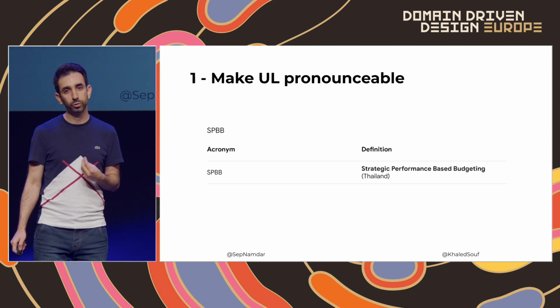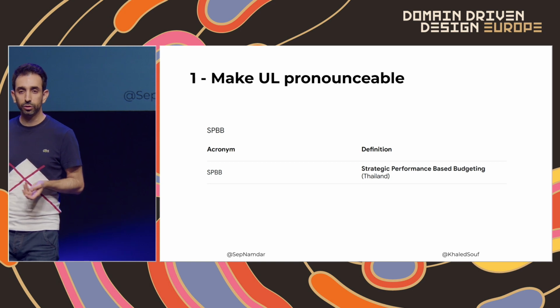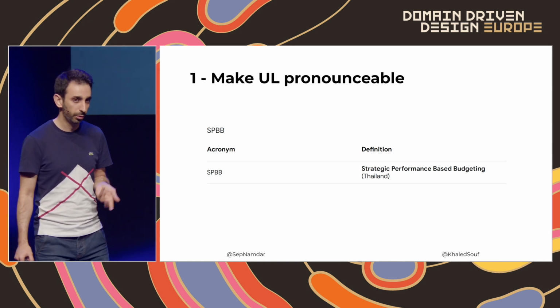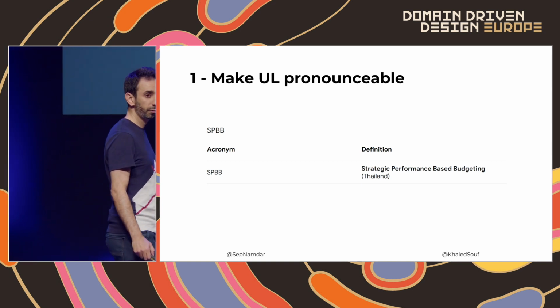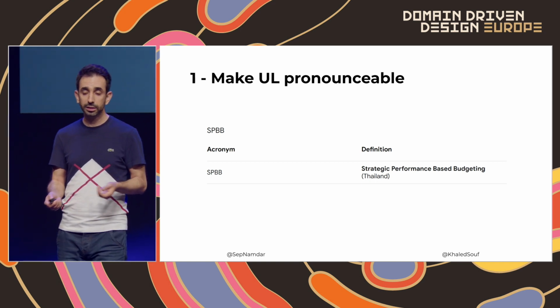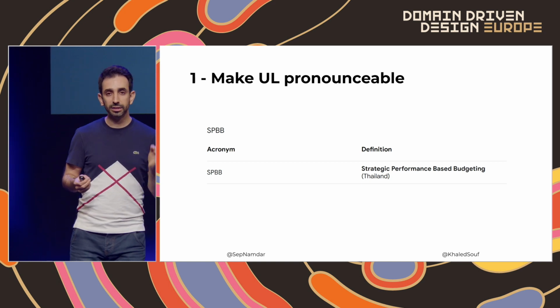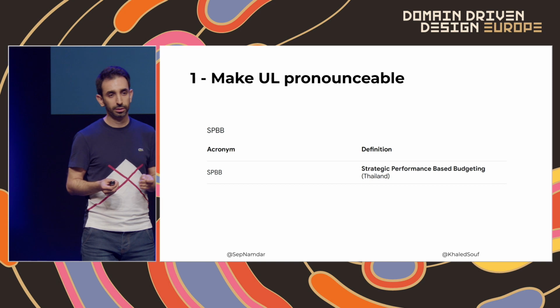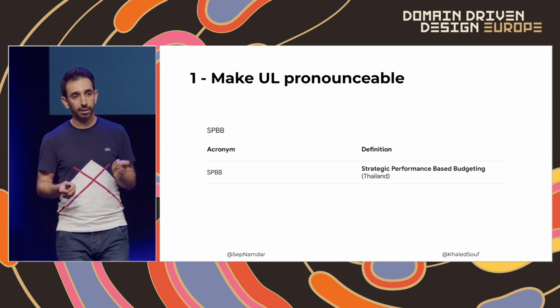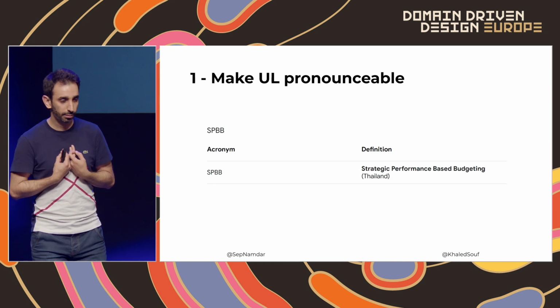We are not supposed to use names that are not pronounceable, and we are supposed to make them pronounceable. But what if this term, this acronym, which is not pronounceable, is a part of our domain, okay? This term has something specific, has some special meaning in our domain.